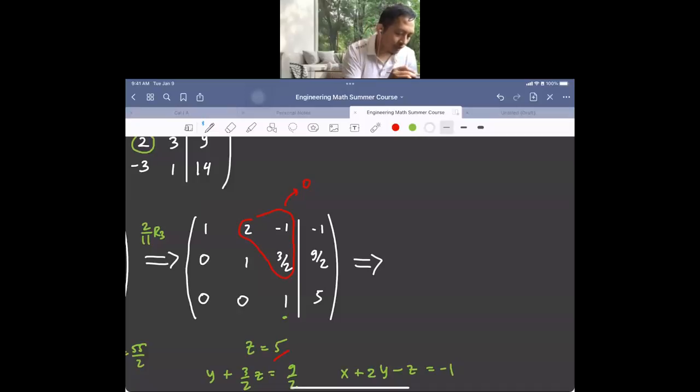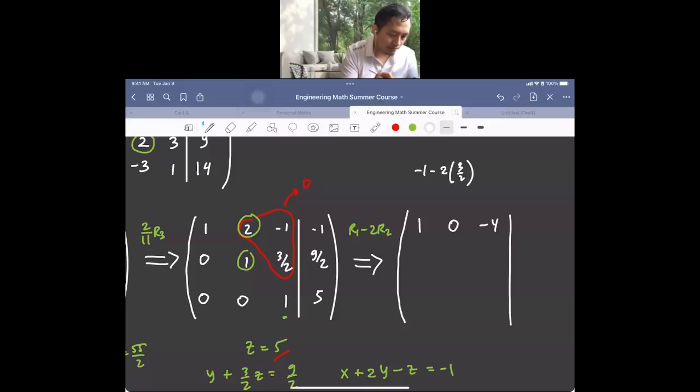So we can use some sort of expression. To make it 0, then we need to plus this 2, right? Plus this 2 with this 1, right? So we need to take, let's say, R1 minus 2R2. Okay. So 1 minus 0 is just 1. And then 2 minus 2 is 0. And then negative 1, negative 1, negative 2.